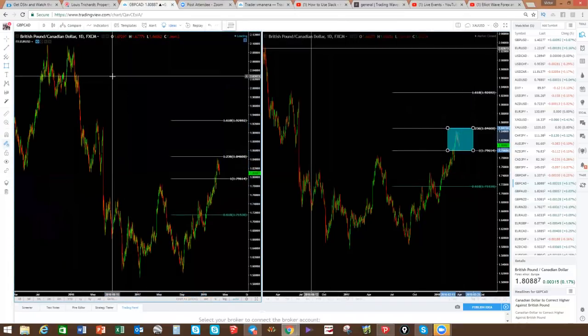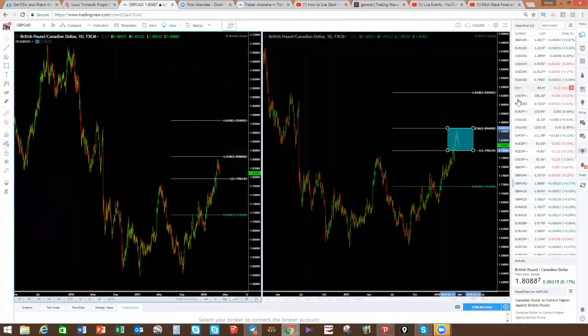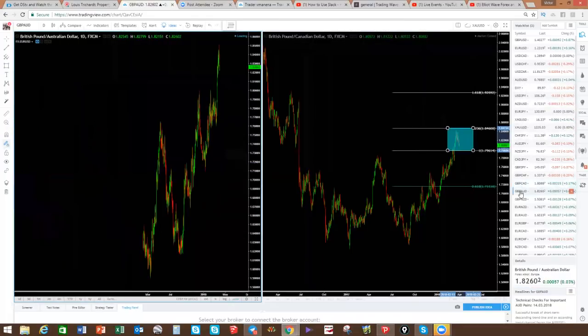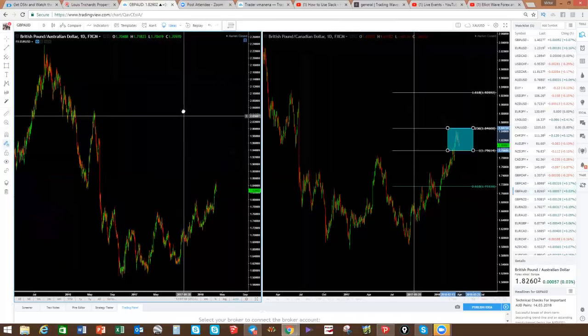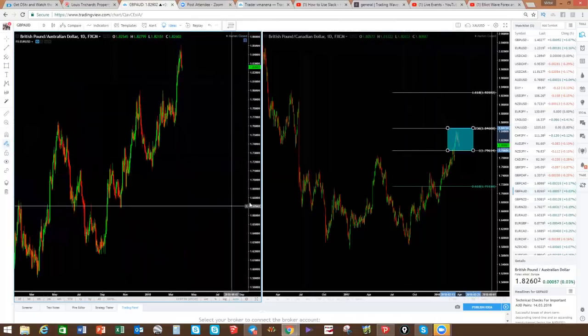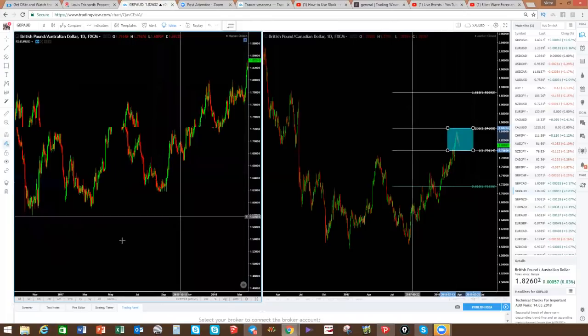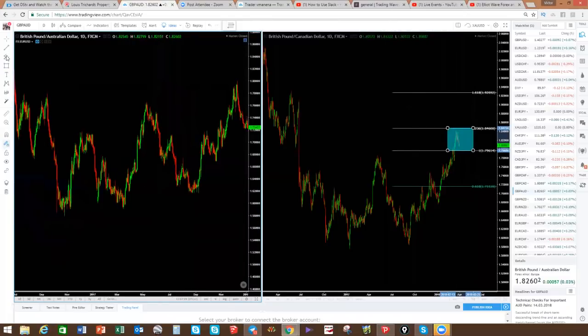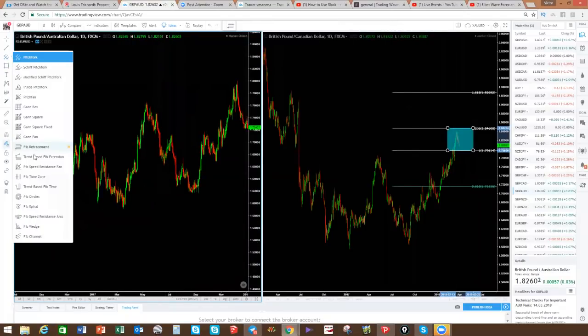I'm supposed to have pound AUD on this side to show why I'm expecting reversal on pound CAD. So if you look on pound US dollar on this side, this is the blue box on pound US dollar. Let's project this one here.